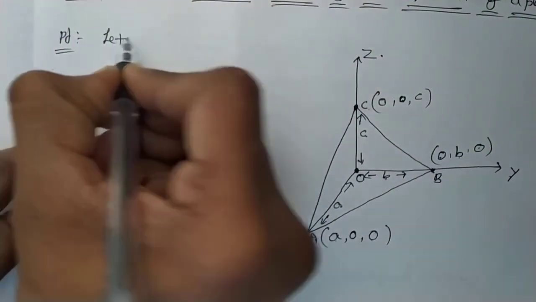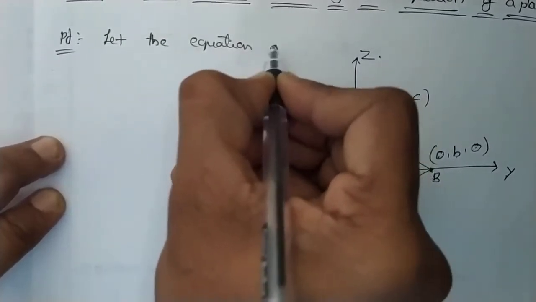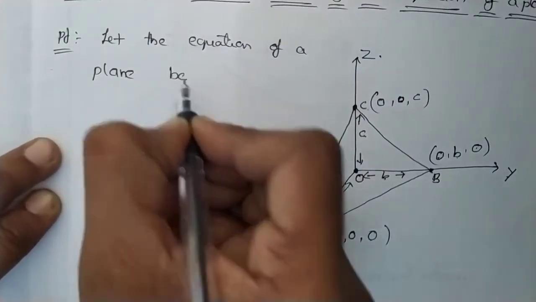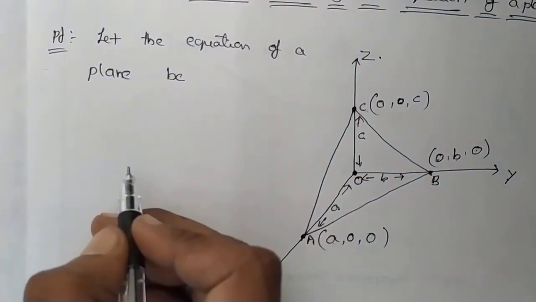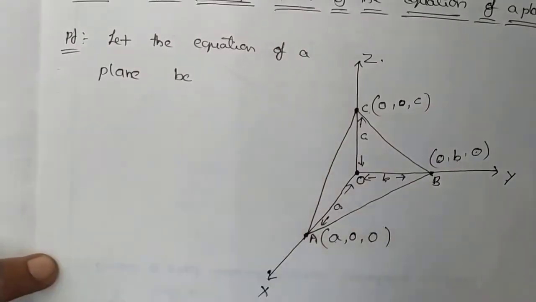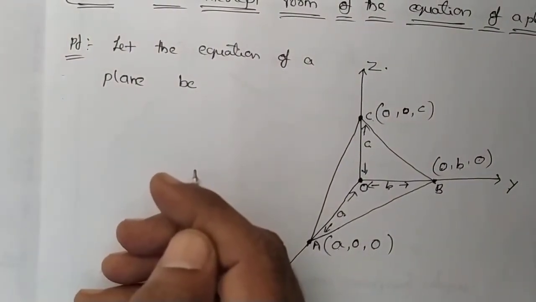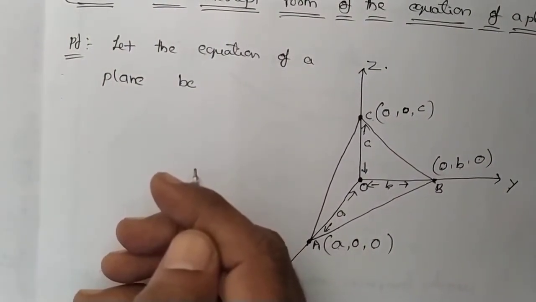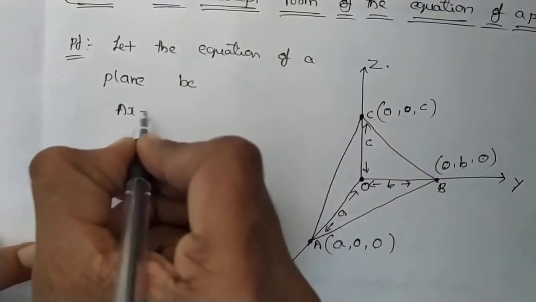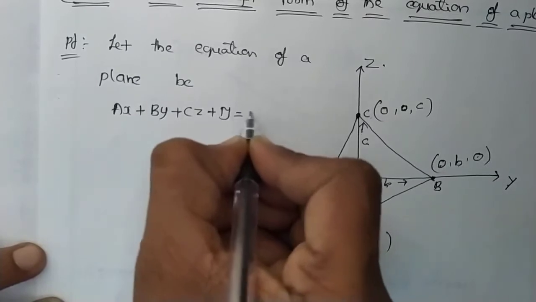Let the equation of a plane be, so what is the general form of the equation of a plane? In the concept of planes, I already told you that a general equation of a plane will be ax plus by plus cz plus d equals 0.